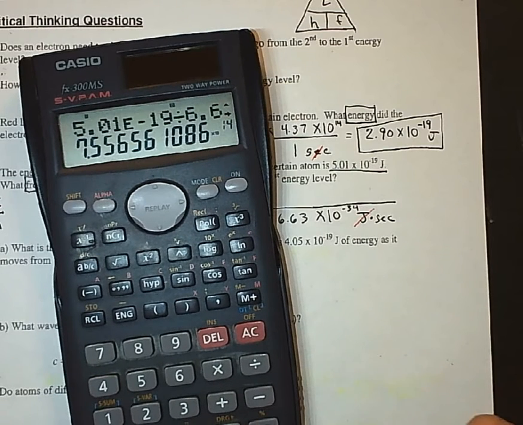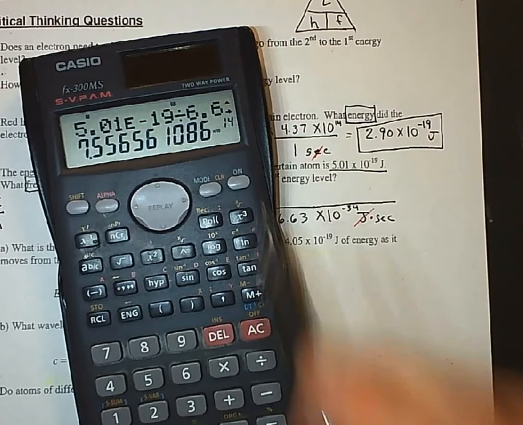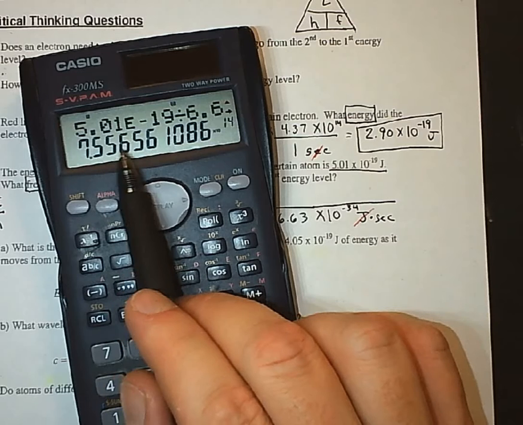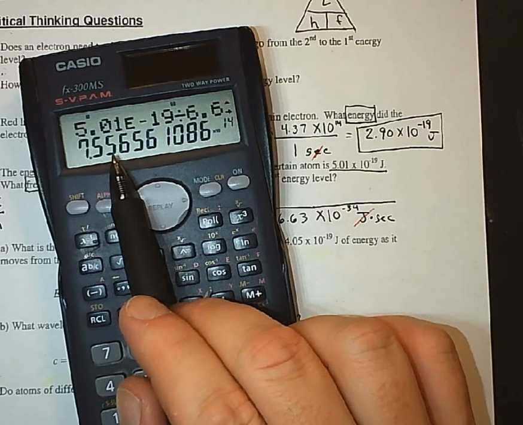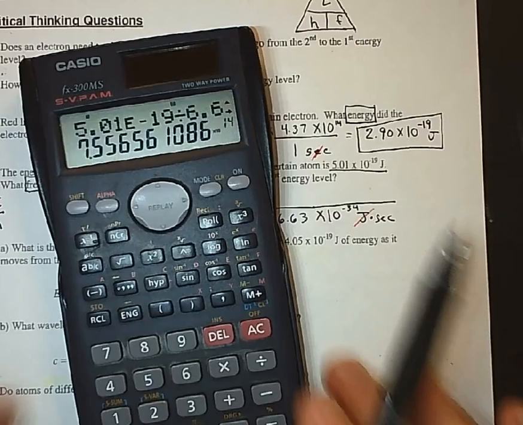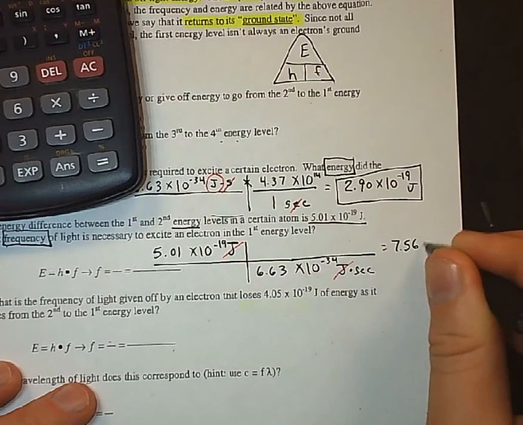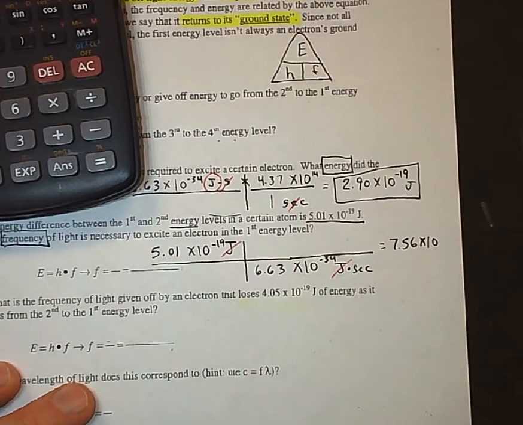Now we get 7.556 times 10 to the 14th. So if we round this correctly, 7.55. Our next number, 6, tells us to round up, 7.56 times 10 to the 14th.